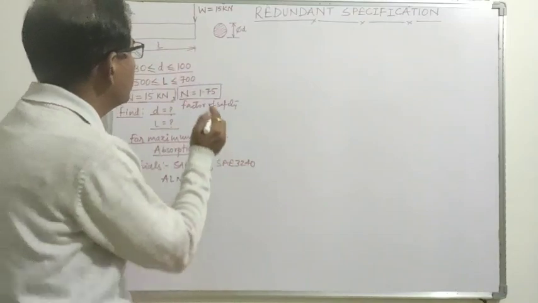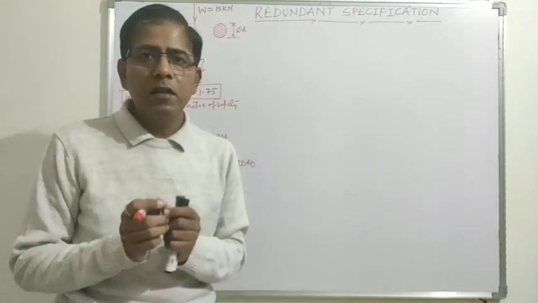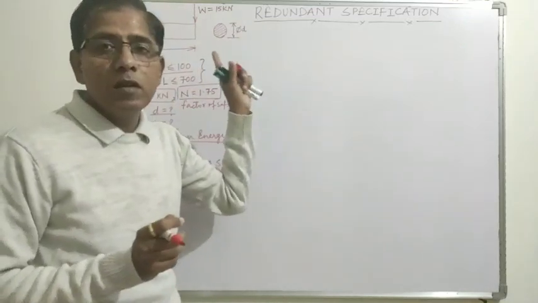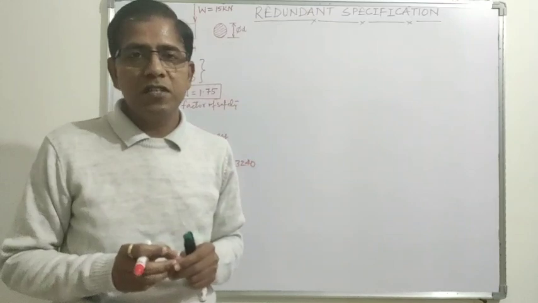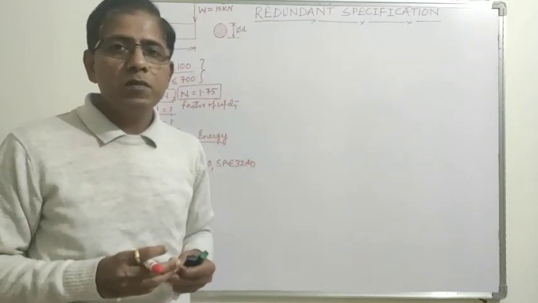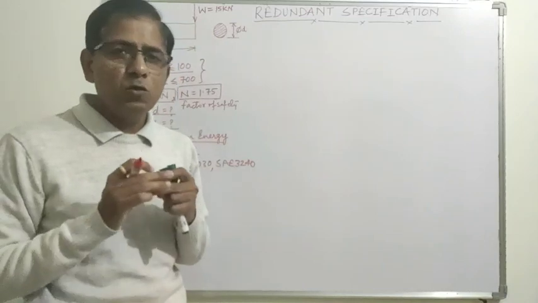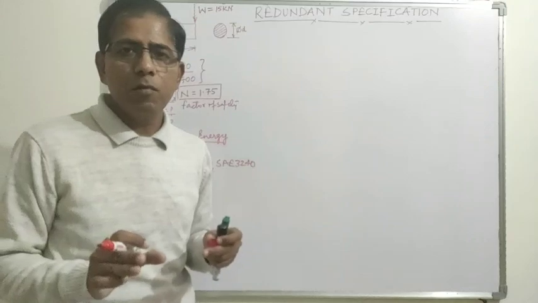Whenever there is any limit imposed on any of the parameters in the problem, such problems are called redundant specification problems. In normal specification problems, we have seen that there is absolutely no constraint imposed on any of the parameters in the problem.